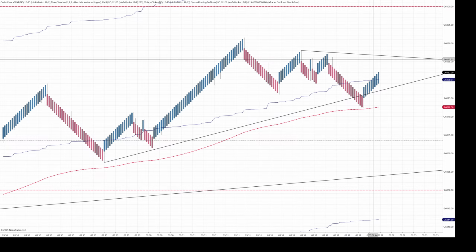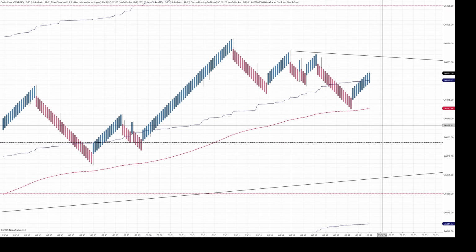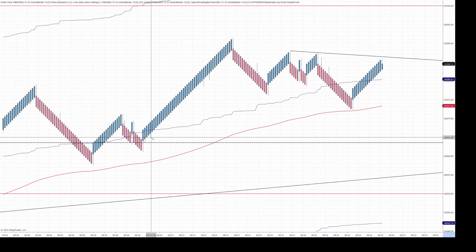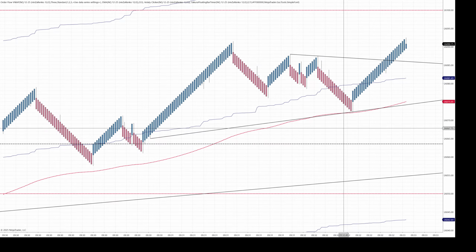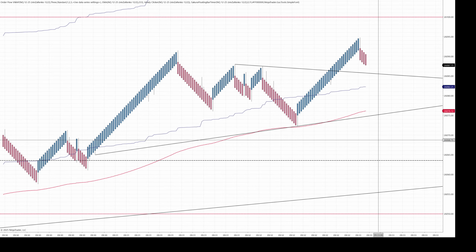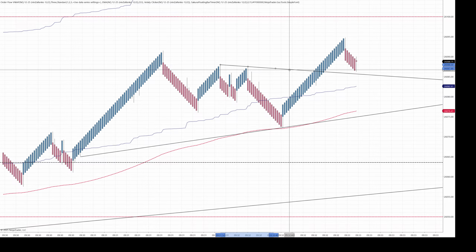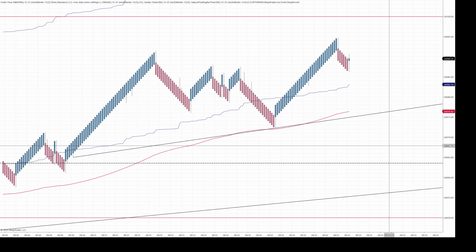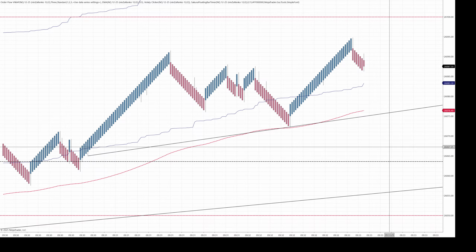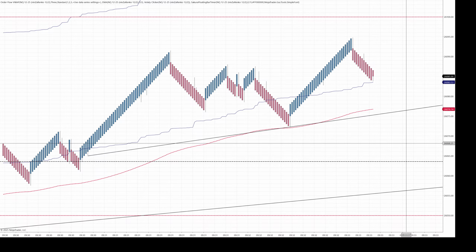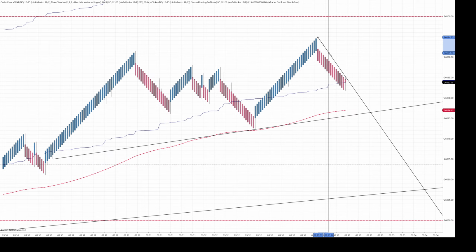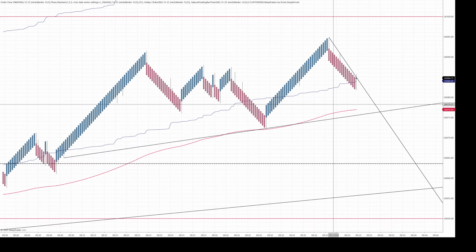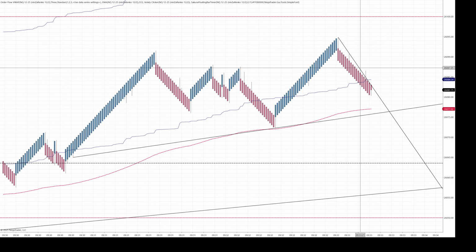We have the standard deviation level in the way and we still have that trend line. If this reversal happens, we can take it to the upside, but it did not.